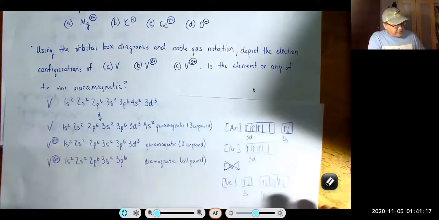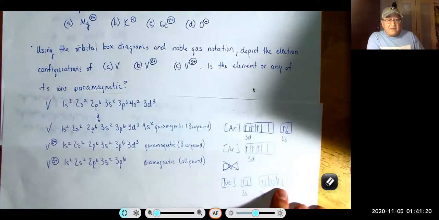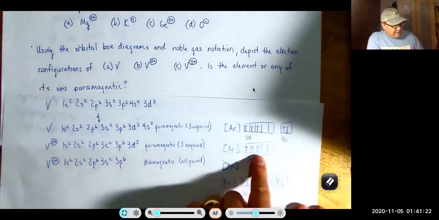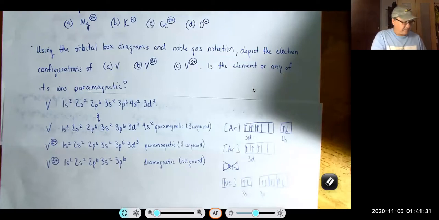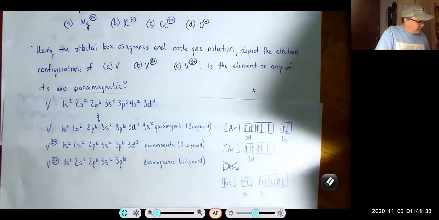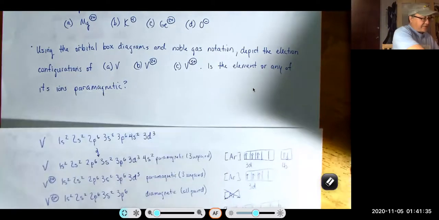And that would be neon. So here you can see they're all paired. Here you can see that they have 3 unpaired, and here you have 3 unpaired. Looks like my pen might be running out of ink. Yep, I'm getting there. Okay, so that's the answer to that problem.